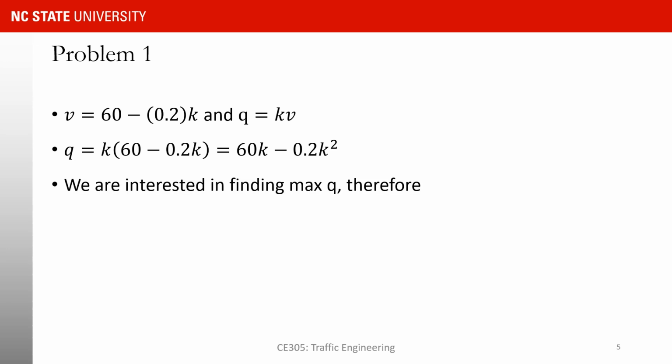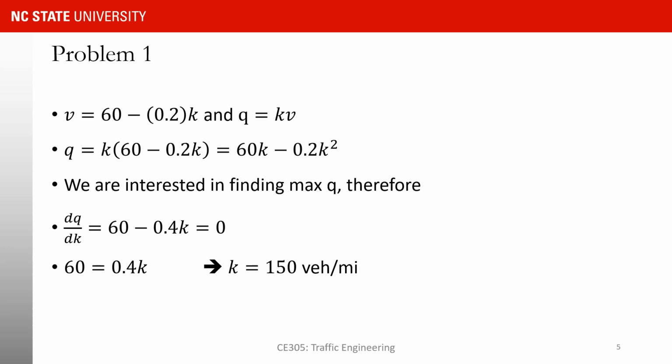So what you need to do is to find the maximum Q. If we take the first derivative of this equation and set it equal to 0, we are going to find the K at which the maximum or minimum Q is going to be observed. If you solve that equation, K is going to be equal to 150 vehicles per mile.